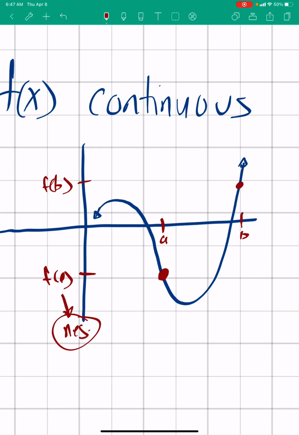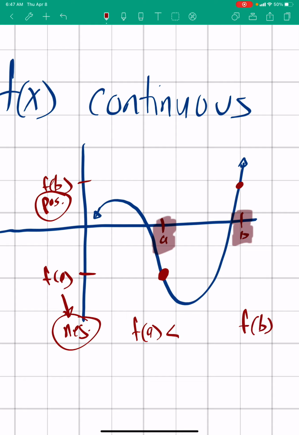I know my function's continuous, and my f of B value is positive. So between A and B, since f of A is negative and f of B is positive, I know that f of B is greater than f of A.